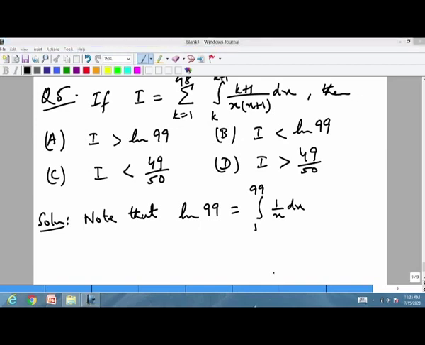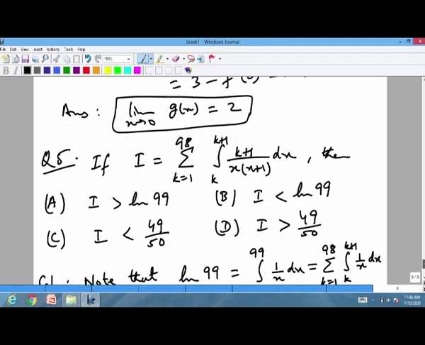So, we get this, and this can be written as the summation of k equal to 1 to 98 of the integral from k to k plus 1 of 1 by x dx, because for k equal to 1 you will get the integral from 1 to 2, and for k equal to 2 it is the integral from 2 to 3 and so on up to the integral from 98 to 99. So, this sum will be equal to the integral from 1 to 99.